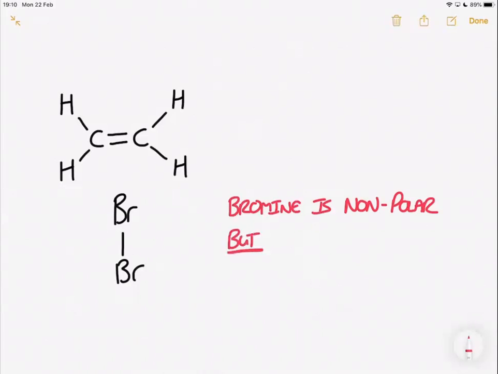Okay, so if you think about that, well, that means surely that it can't act as an electrophile, because if it's non-polar, then how are we going to get this attraction between the double bond and one end of the molecule? And the answer here is, even though bromine is non-polar, imagine that your bromine molecule comes into proximity, gets near to the carbon-carbon double bond in ethene.